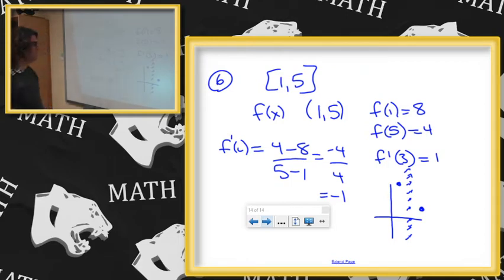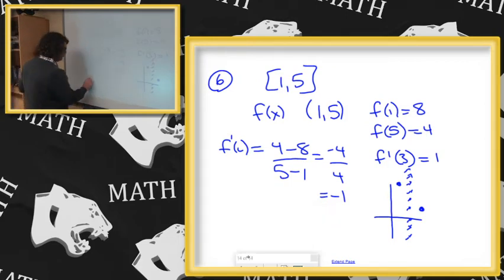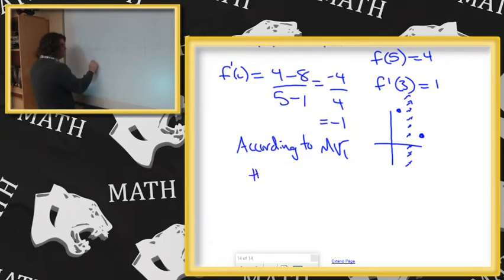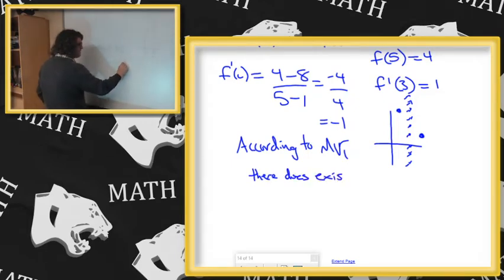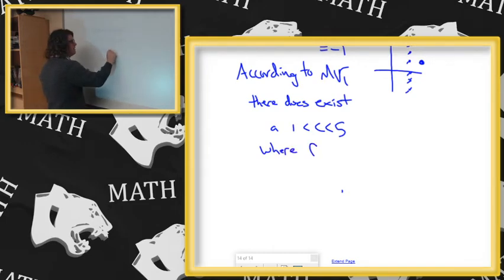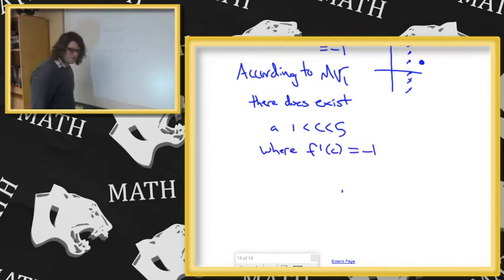So according to MVT, there does exist a c between 1 and 5 where f prime at c is equal to -1.